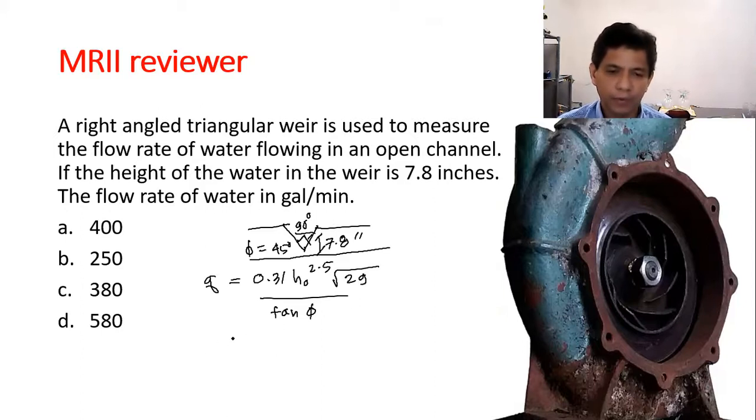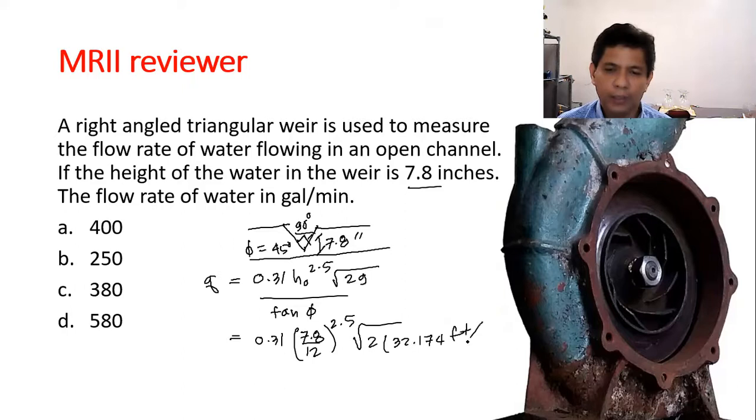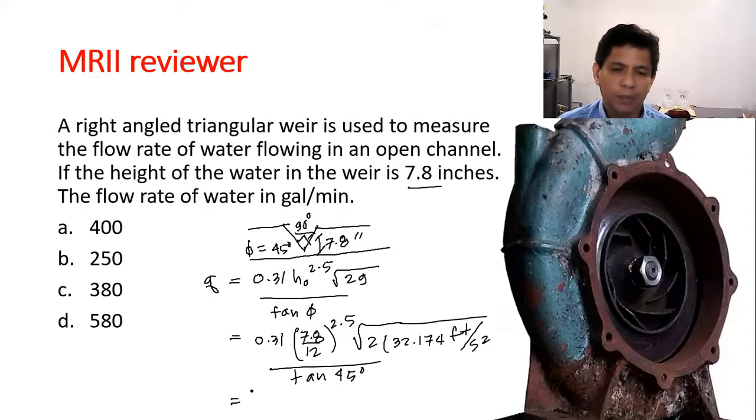Just substitute the values from the problem. 0.31, and you need to convert 7.8 inches to feet, so 7.8 divided by 12, raised to 2.5, then the square root of 2 times 32.174 feet per second squared, divided by tangent 45 degrees. What comes out is cubic feet per second.